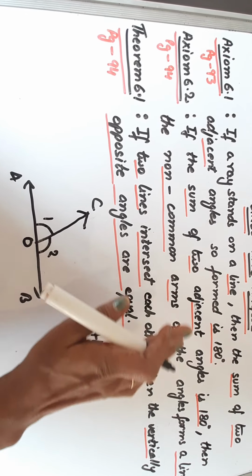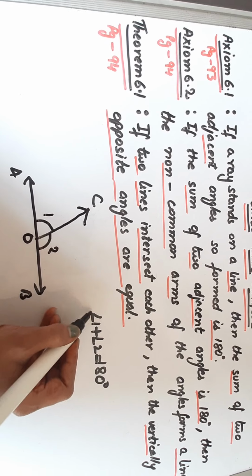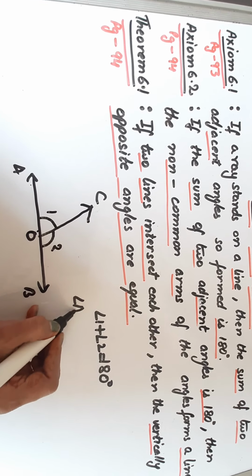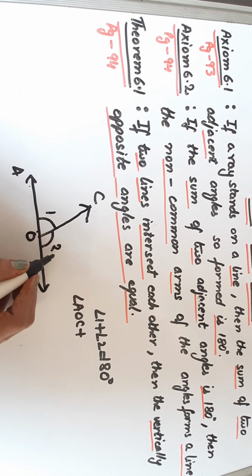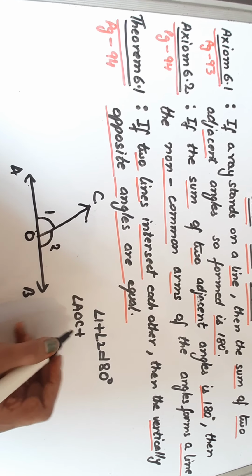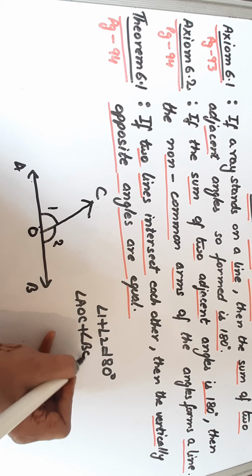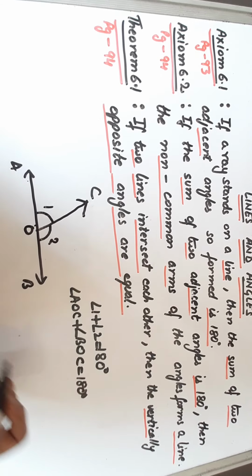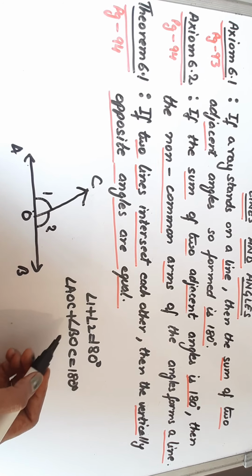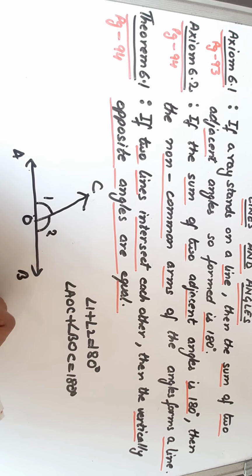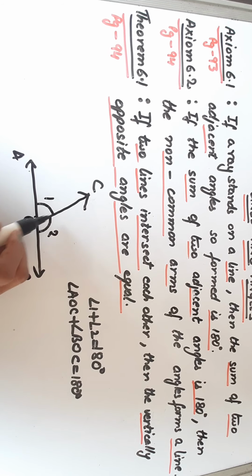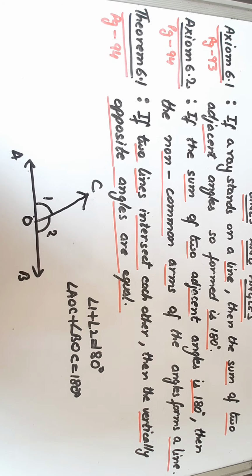So this is your axiom number 1. Angle 1 is named as angle AOC plus angle 2 is named as angle BOC is equal to 180 degrees. This is the meaning of the 6.1 axiom. So this is the linear pair also, we can call it. And these are adjacent angles because they are sharing one common arm, that is OC.